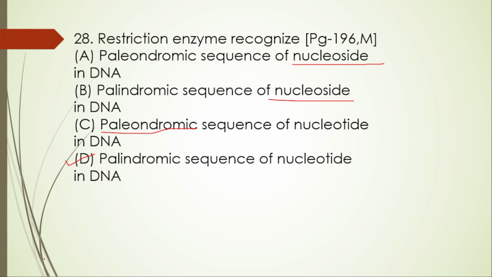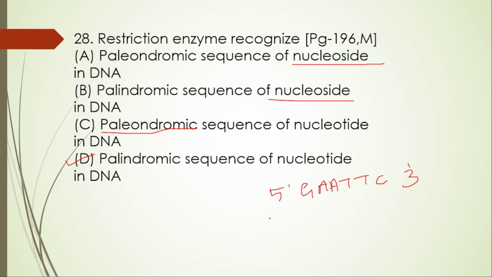For example, EcoRI recognizes the palindromic sequence GAATTC, from 5' to 3'.